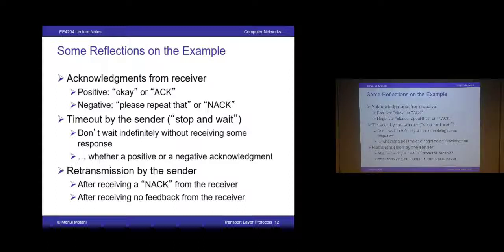So there's timeouts, there's acknowledgments, and retransmissions, which is what I'm trying to draw the analogy between: the real world and how we communicate, and how we communicate in the computer networking world. And there's a lot of analogies. A lot of the things you can actually predict.